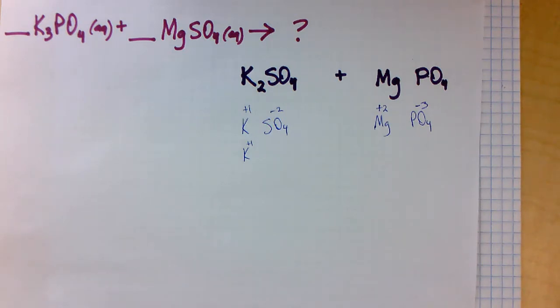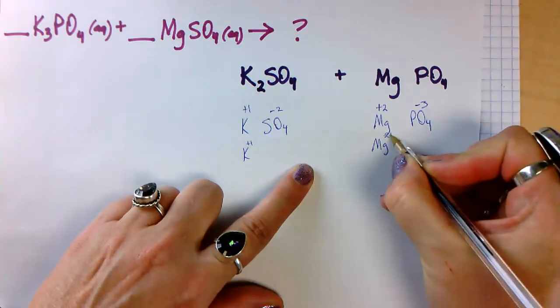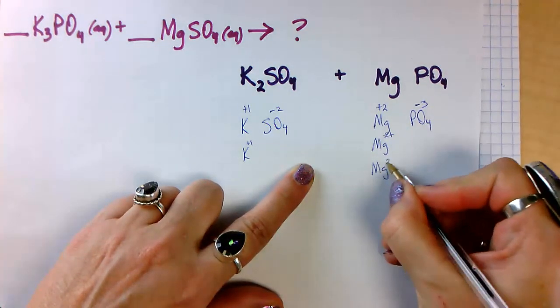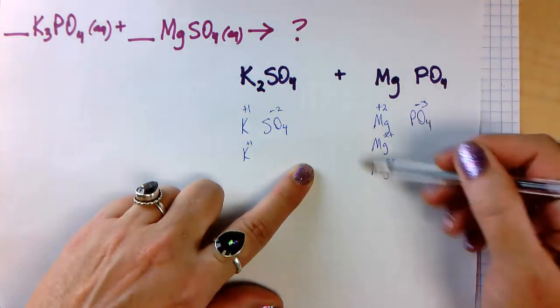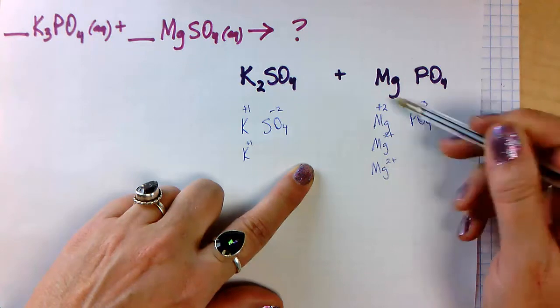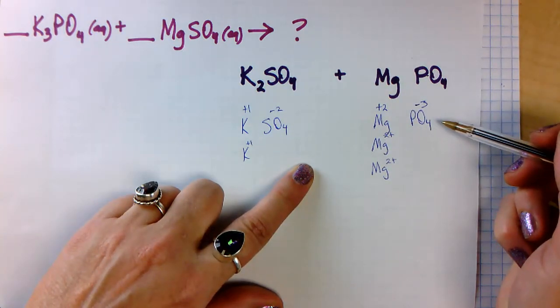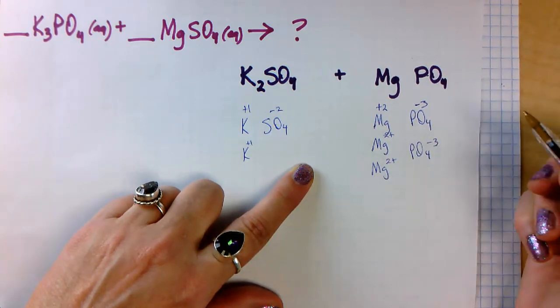Well, you're correct if you said we need to meet at 6, the common denominator. So I'm actually going to need how many Mg's to get to plus 6? You're correct if you said 3. Plus 2, plus 4, plus 6. Now my Mg's are plus 6 with 3 of them. How many PO4s do I need to get to minus 6? You're correct if you said 2 of them.